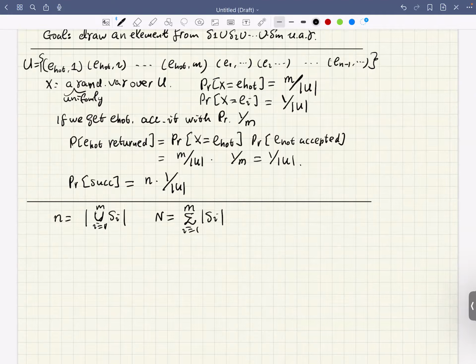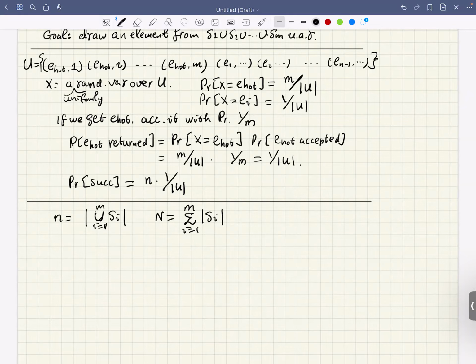So once again, by universe, I want you to imagine something like this: for every element in this set, you create a pair, and you put together all the pairs. That would be the universe. So this is the size of the universe. As you can see, the correspondence, so n here would be m plus n minus 1. Here, this n is really the total number of distinct elements you have.